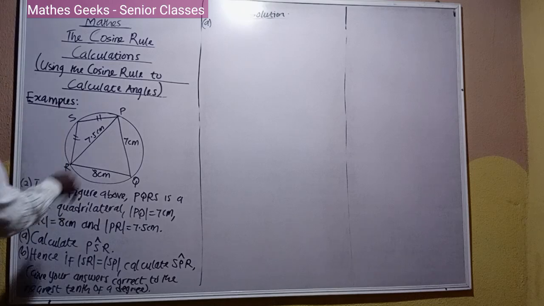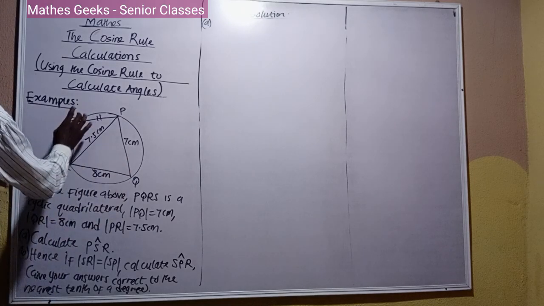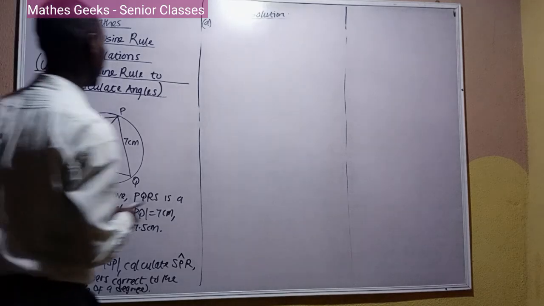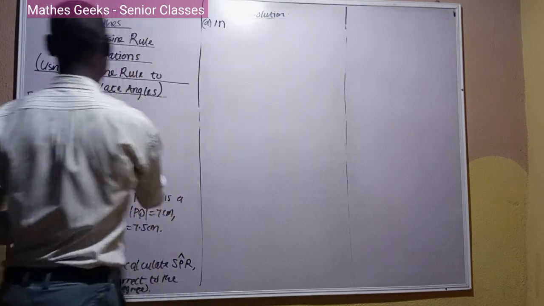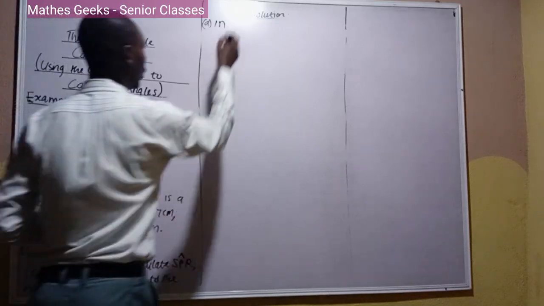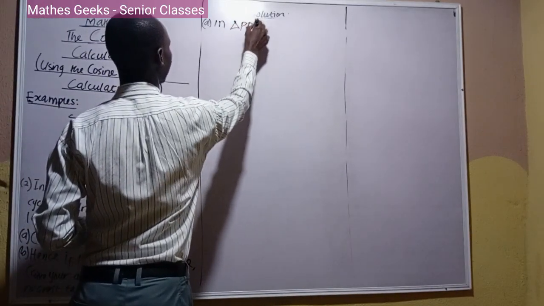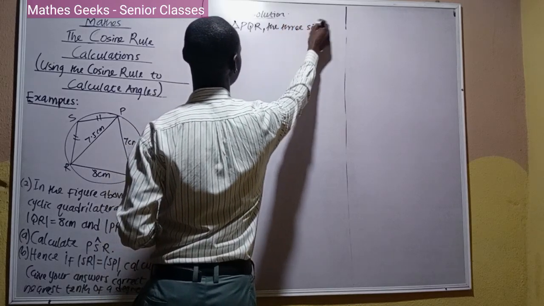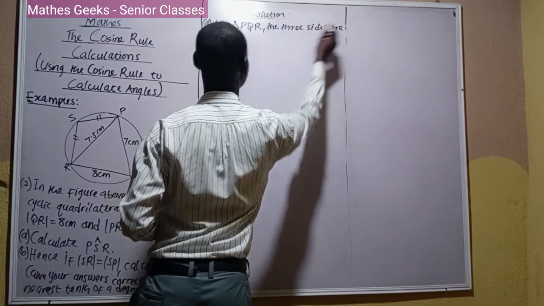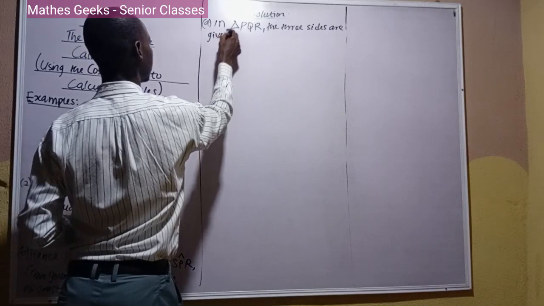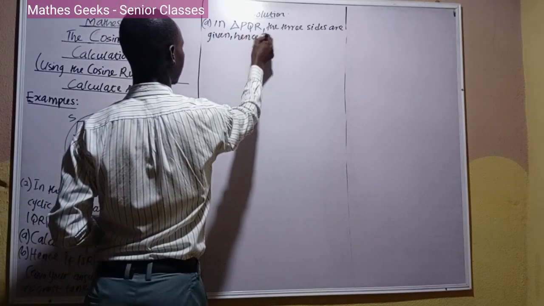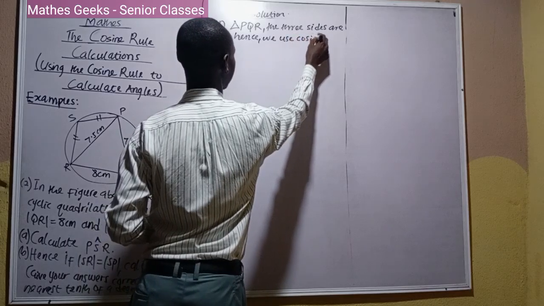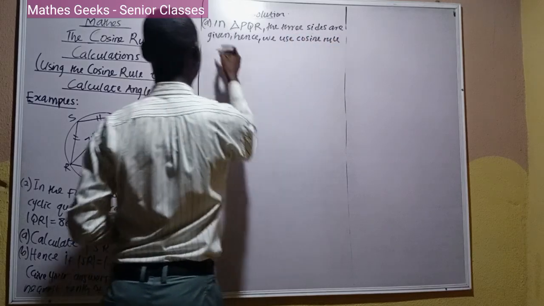But before we do that, we need to know angle Q for us to be able to find angle S. So now in triangle PQR, the three sides are given. Hence we use the cosine rule to find Q.